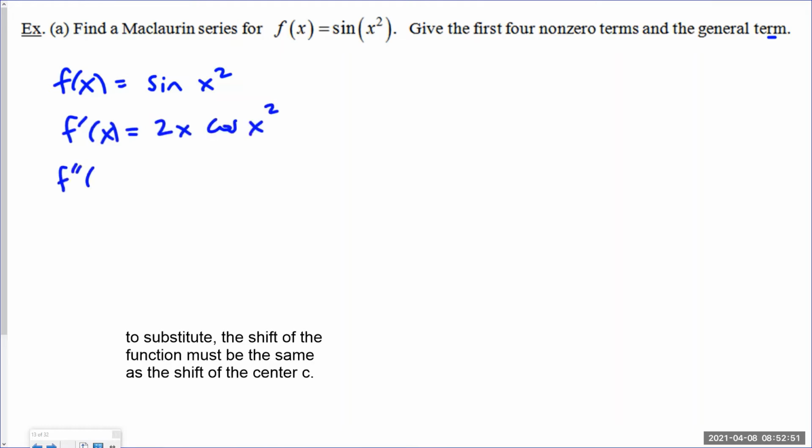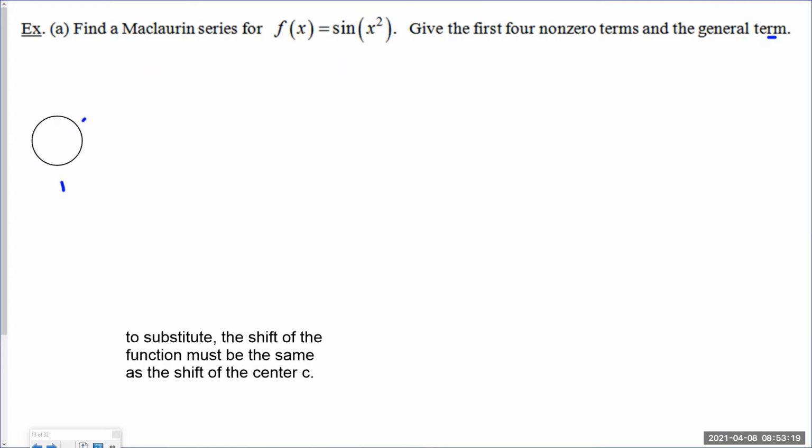The derivative of that, do you see that that's a product rule? That would be minus 2x sin(x²) times 2x, if I did that right. I'm not even sure if I did this right. But do you see it's going to quickly become a big mess? Is everybody good with that? We're going to do a product rule and then another product rule, and then it's going to keep going, product rule over product rule. It's going to become a big mess.